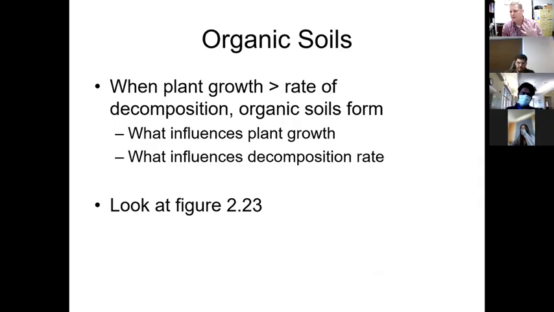So a few things influence plant growth. Number one, we've got to have a lot of water. And then two, we've got to have a slow rate of breakdown. And slow breakdown is generally because it's either cold or the microorganisms aren't there helping to break down. So we tend to see areas with high organic matter, they'll be wet and cold, okay?